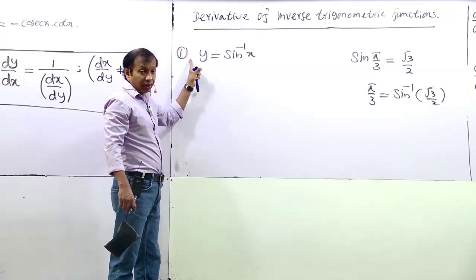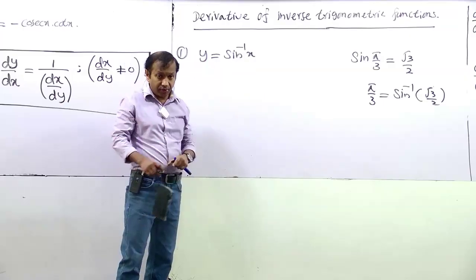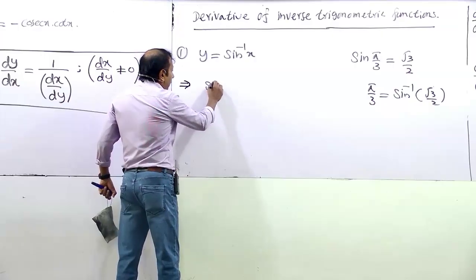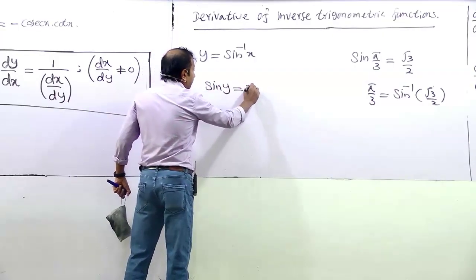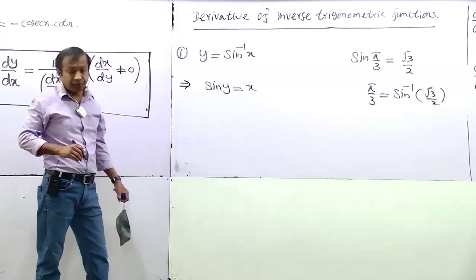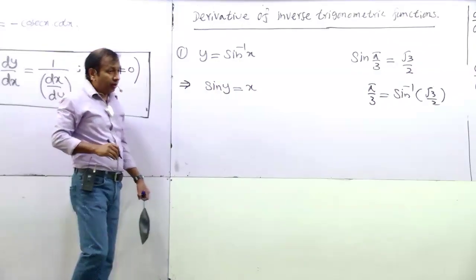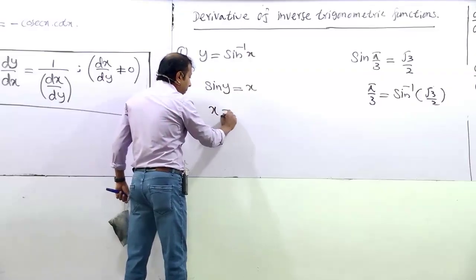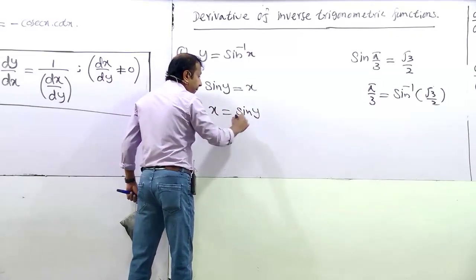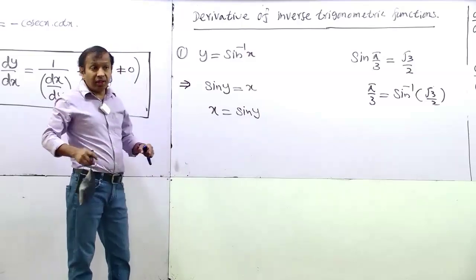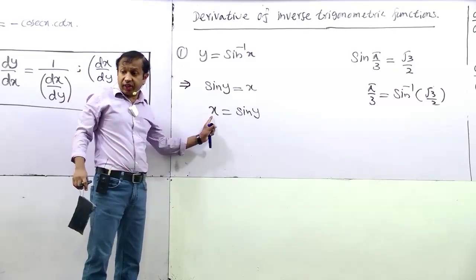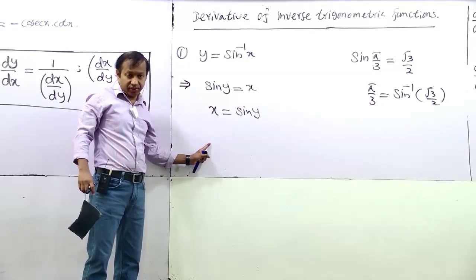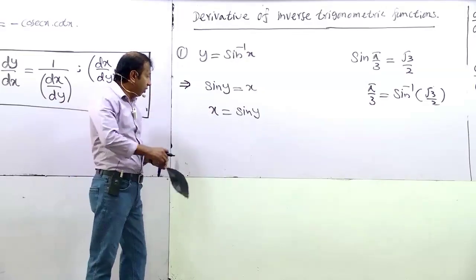Then we get sine y equals x. Okay? This implies sine y equals x, which means x equals sine y. Then tell me, what derivative can we find here? dx over dy we can write. Tell me, what is dx over dy?